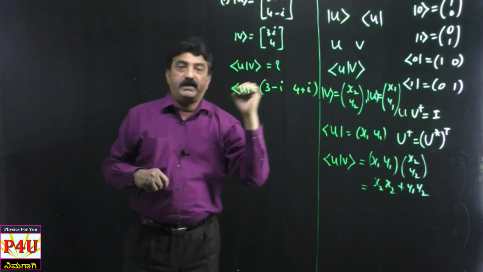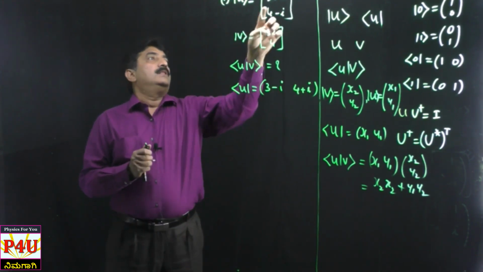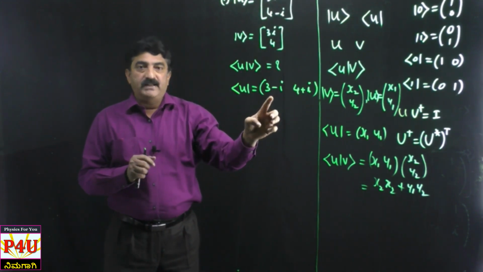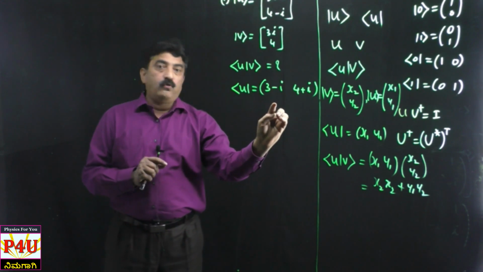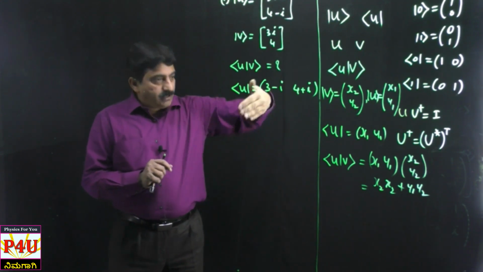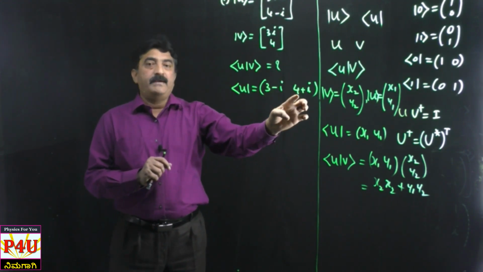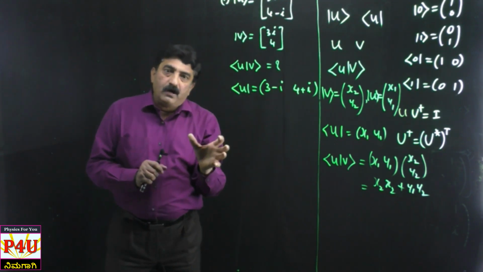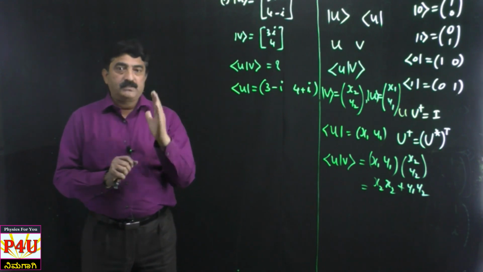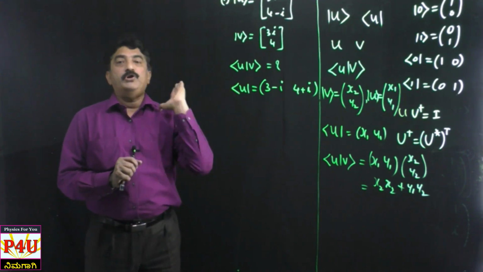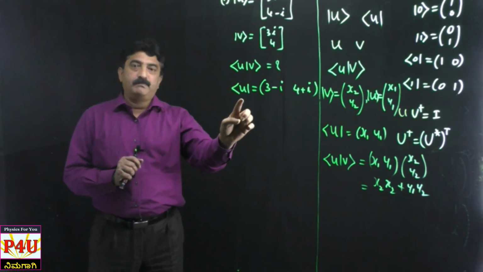I hope you got this. Please check once again: 3 plus i I wrote as 3 minus i, the complex conjugate, and 4 minus i becomes 4 plus i, and I also write the transpose. So complex conjugate plus transpose is going to be the Hermitian. So that is bra u.